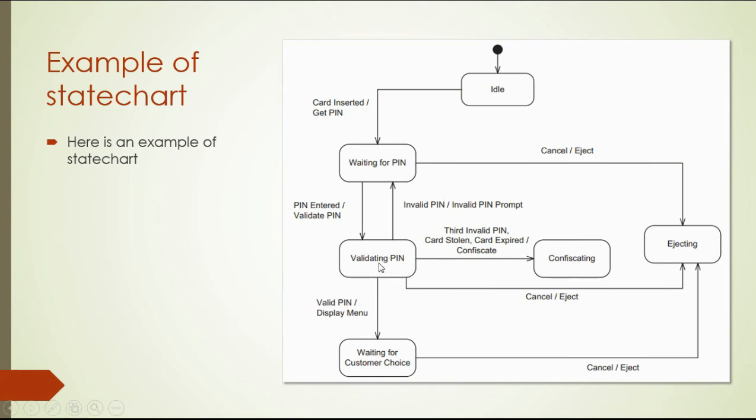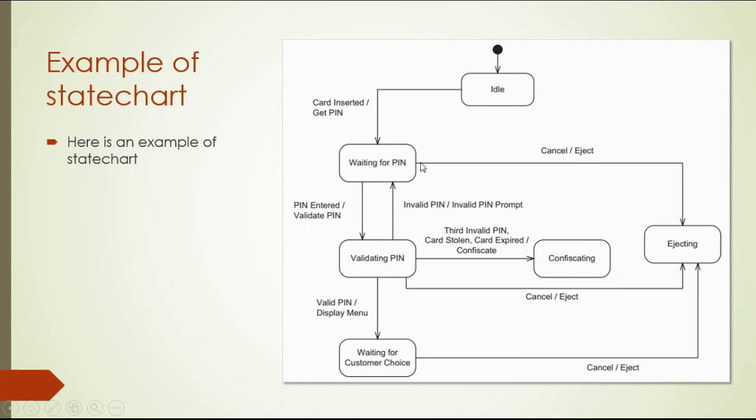If the bin is correct, we can go to the next step. Otherwise, if invalid, we go to waiting for the bin again. If it happens three times, we should go to the third option.